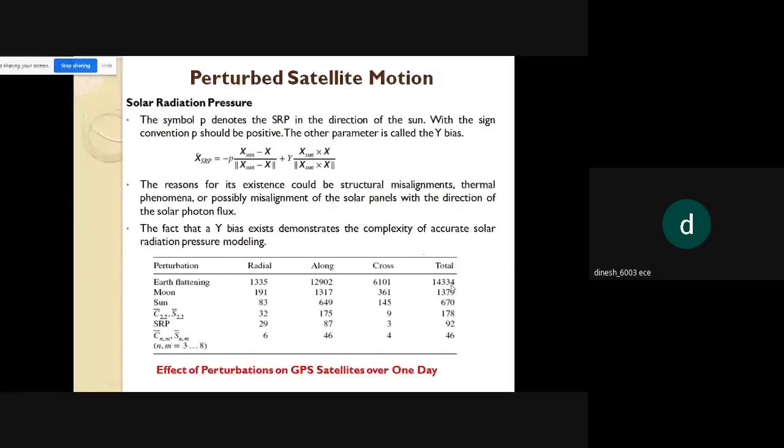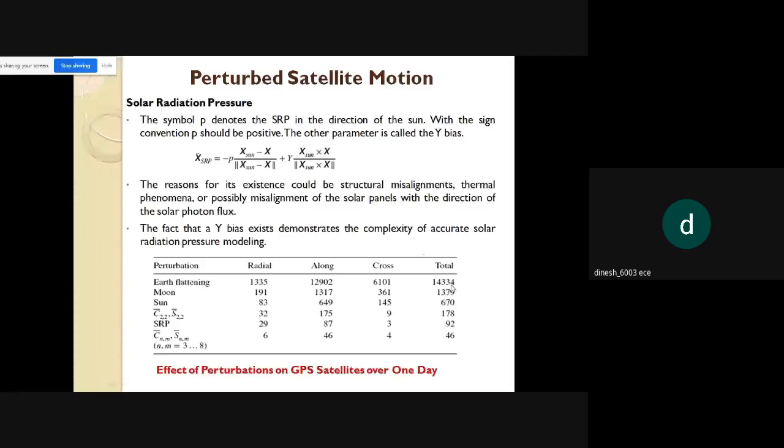The total perturbation effect of 14,334 is due to Earth's flattening.